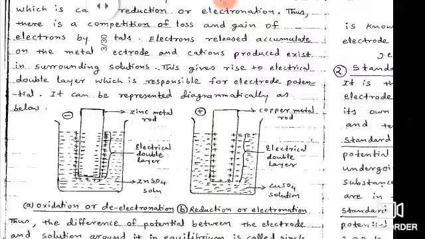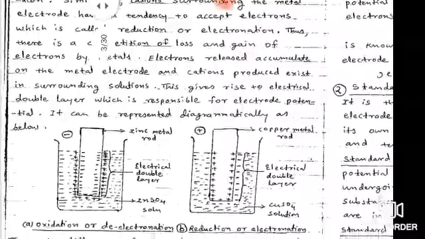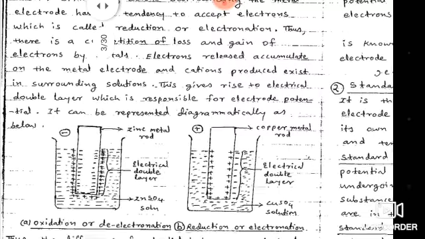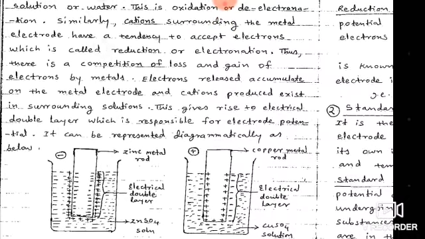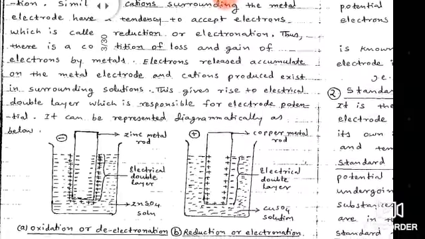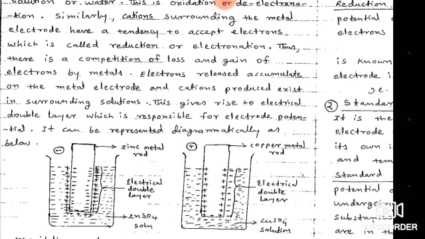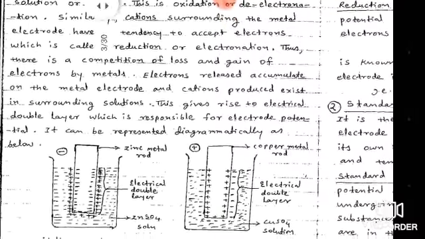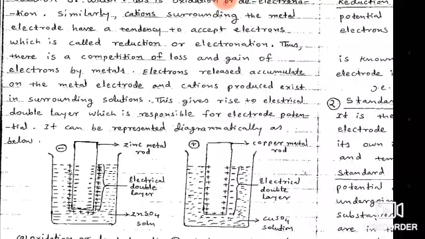What happens when the iron electrode, that is any metal electrode, is dipped in the solution of the salt, it gives electron and forms the metal ion, and this process is known as de-electronation or oxidation. Similarly, cations surrounding the metal electrode have the tendency to accept the electron, which is called reduction or electronation.